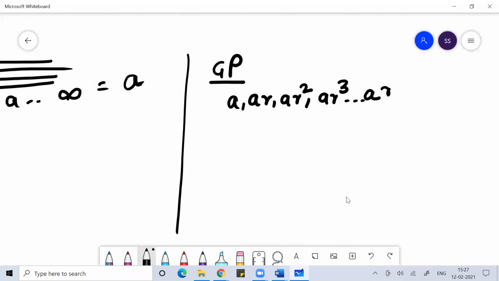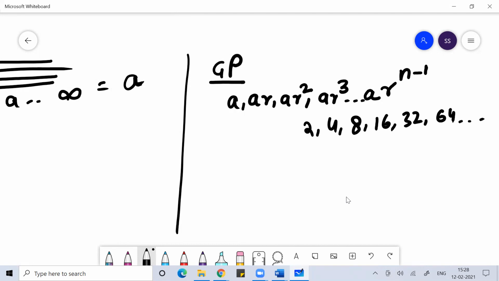I think everyone knows about GP. Like 2, 4, 8, 16, 32, 64, 128, those numbers are called GP. So you should know what is GP. GP means when your number increases or decreases with a common ratio. When your number increases or decreases with a common difference, that is called AP, arithmetic progression.